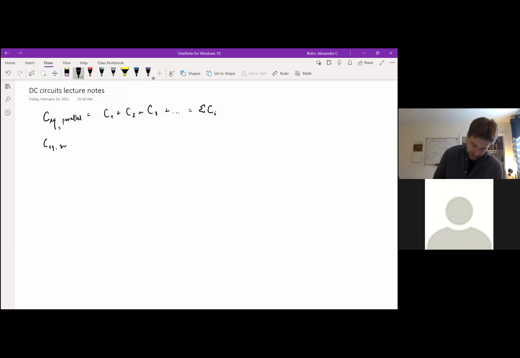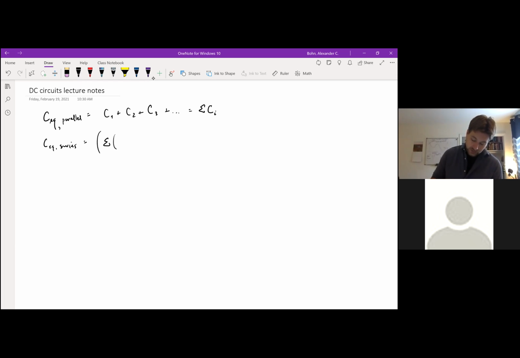The equivalent capacitance of capacitors arranged in series is the reciprocal of the sum of the reciprocals.